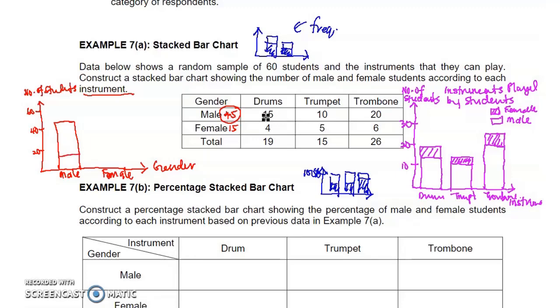Okay, this is drum. Then put a label. This is drum. And for trumpet, maybe blank. And for trombone, maybe you put dots. Okay, trumpet, trombone.